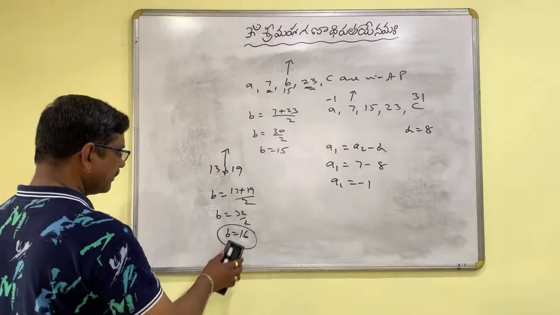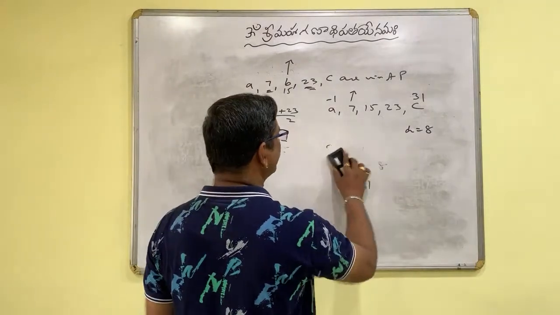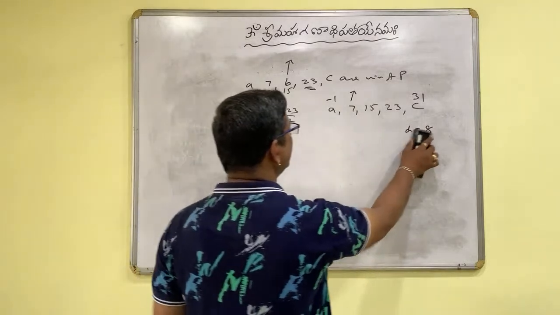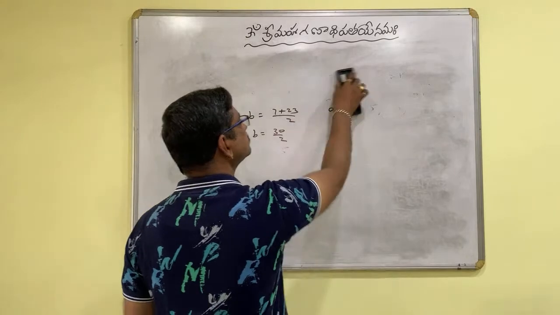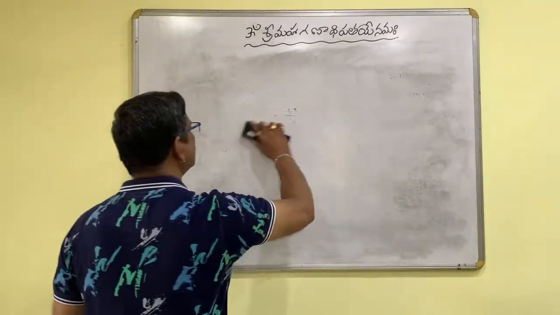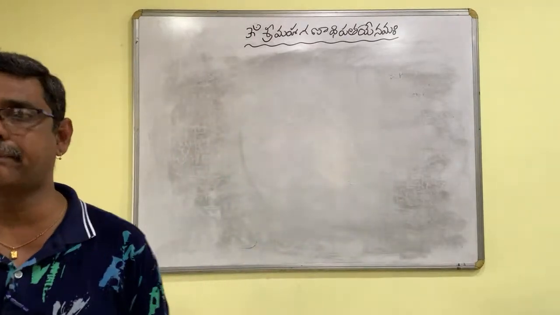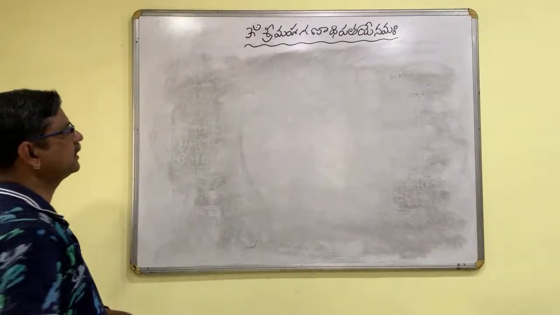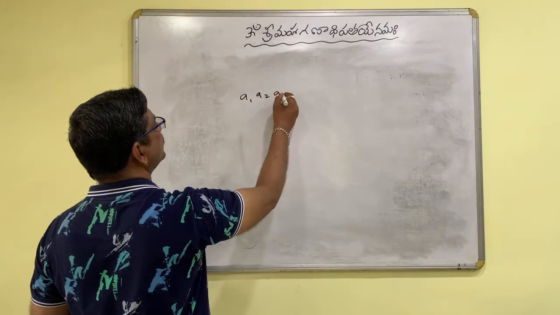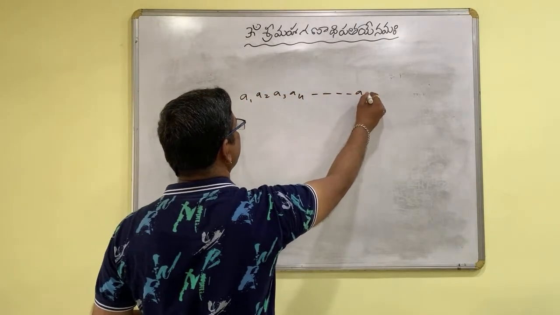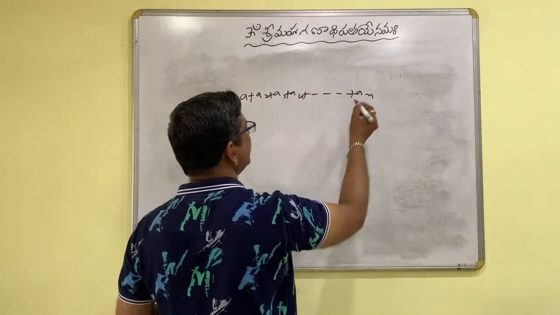Now, children, we are moving ahead with sum to n terms of an arithmetic progression. Suppose a pattern is in AP: A1, A2, A3, A4, so on, An. And I want to add all the terms in AP.